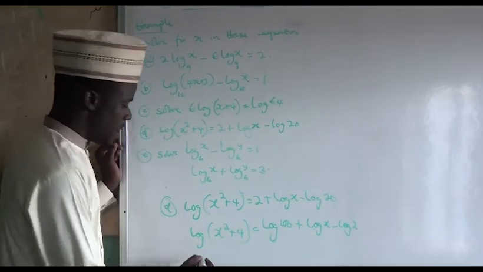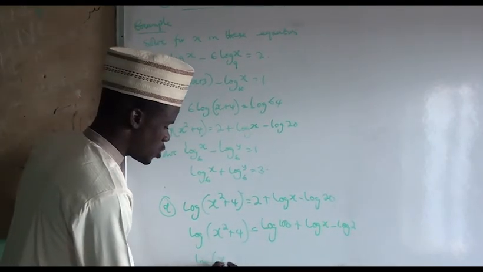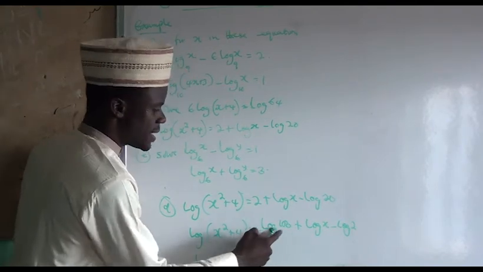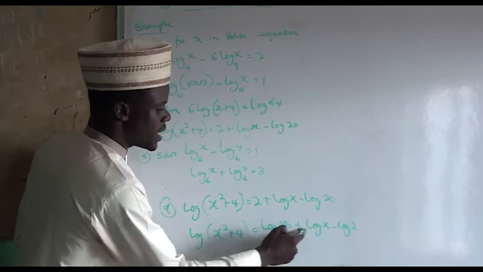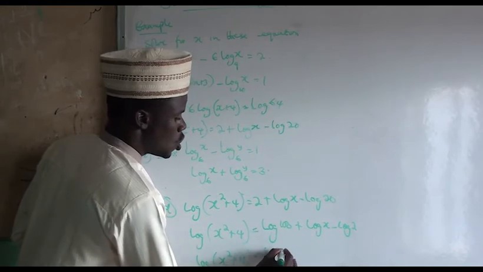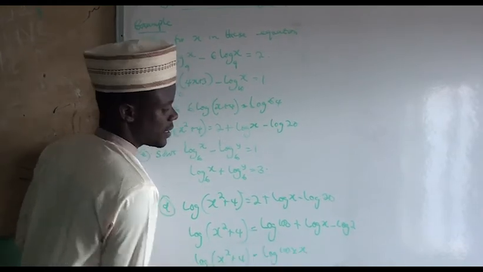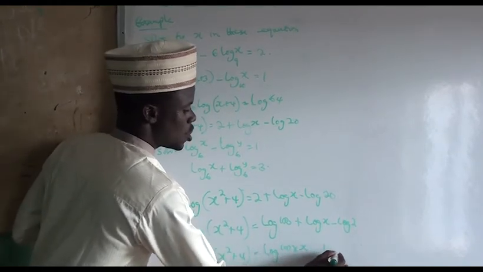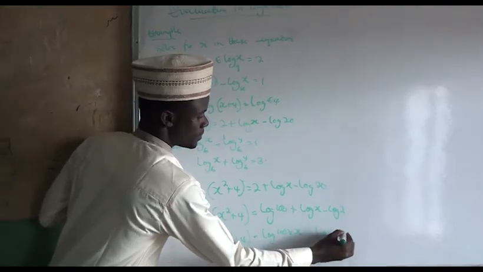Since here is addition, we say log 100 times x, then minus log 20.